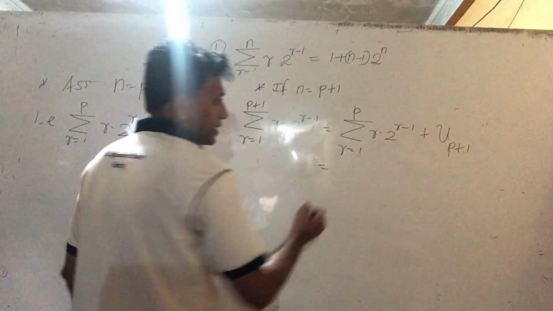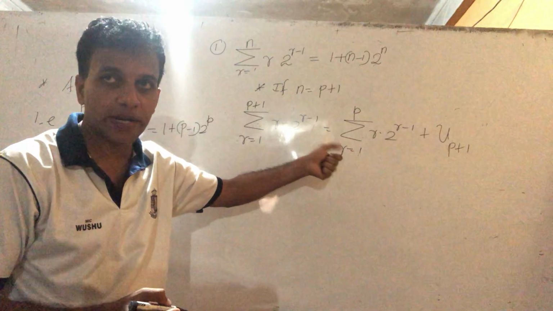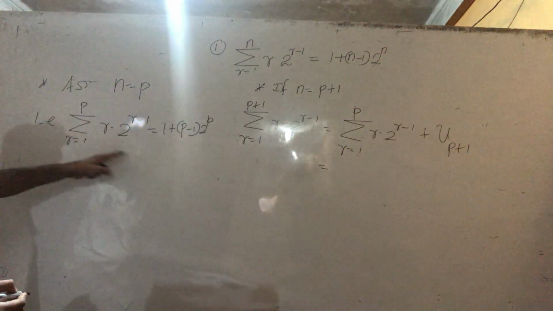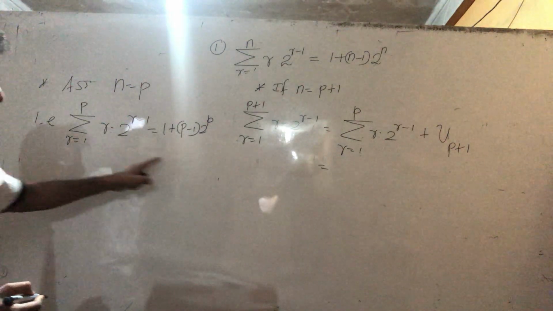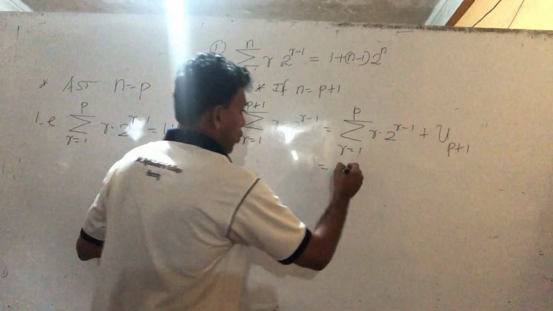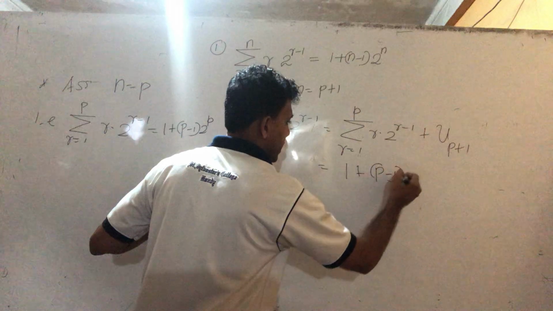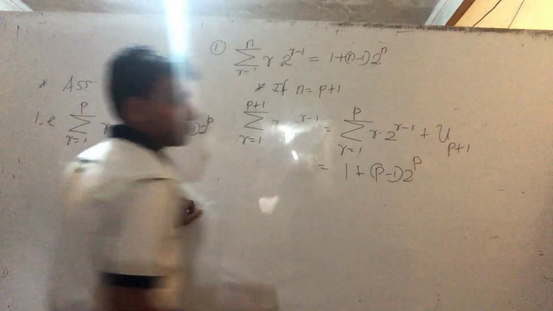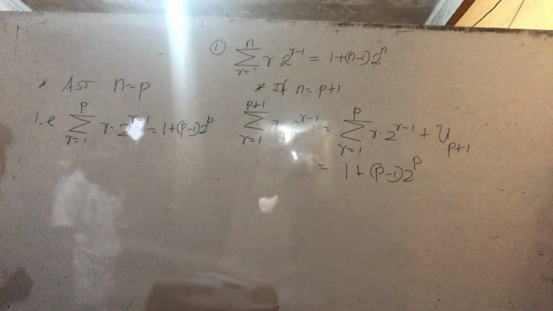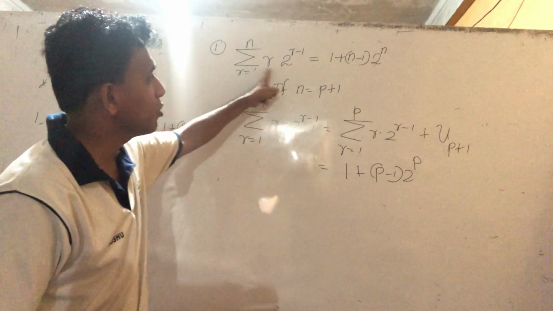Now we apply the assumption: wherever we use n equal p plus 1, for simplification we take the help of the n equal p assumption. The sum from r equal 1 to p is 1 plus (p minus 1) into 2 to the power p. And what is the p plus 1's term? If you want the first term, put r for 1.